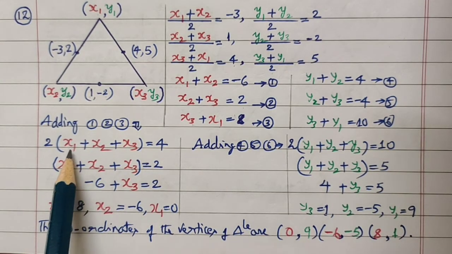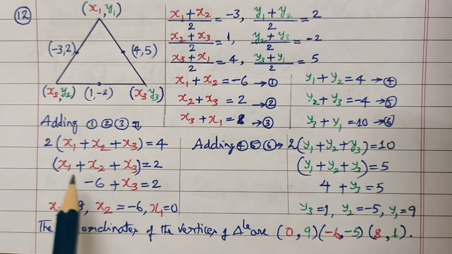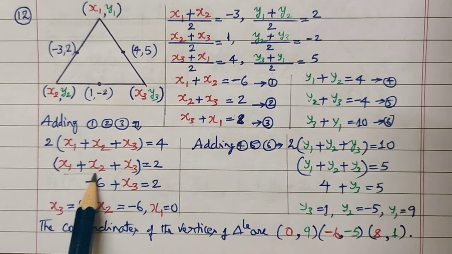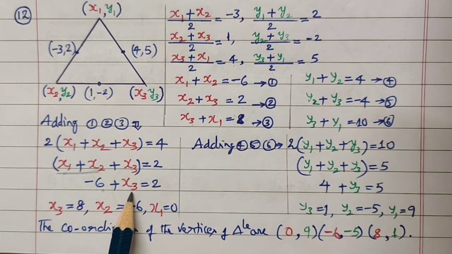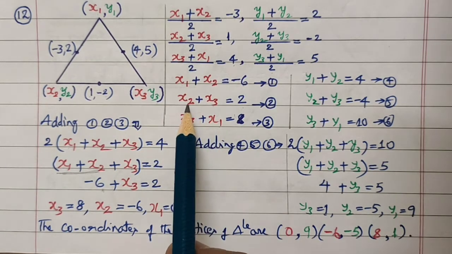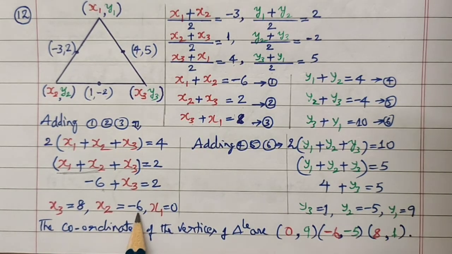Now we know x1 plus x2 from equation 1 is minus 6. Replace this x1 plus x2 with minus 6 so that we can easily find out x3. This goes this side, x3 will become 8.